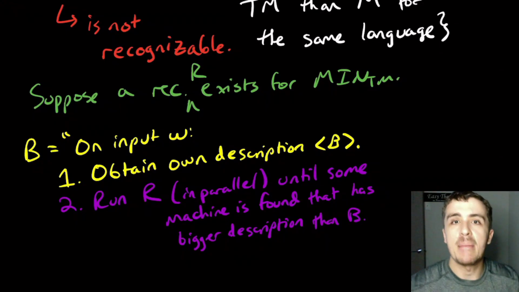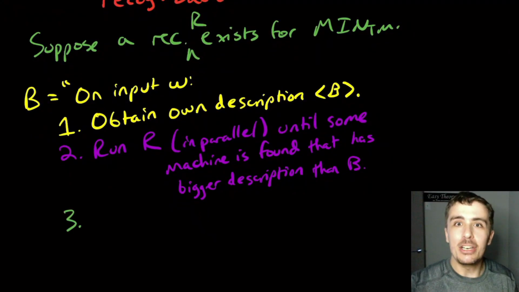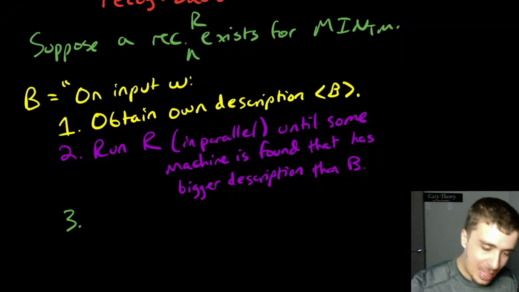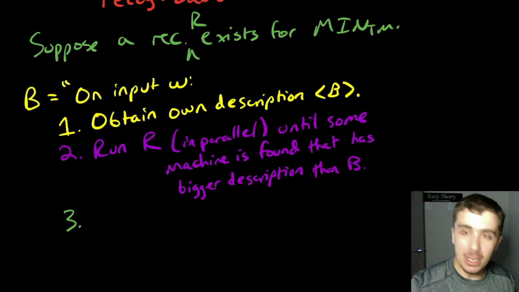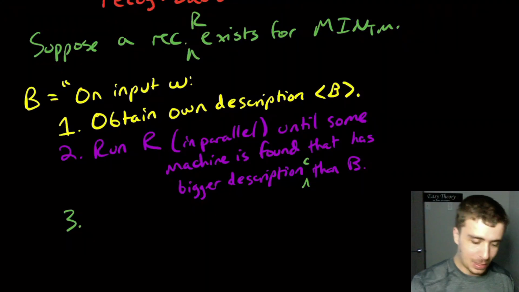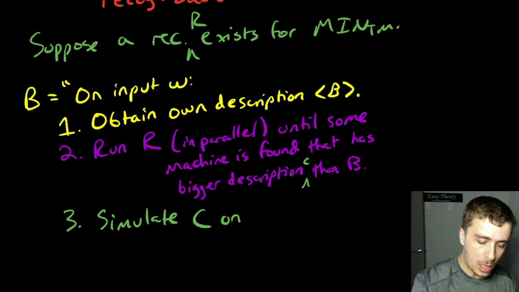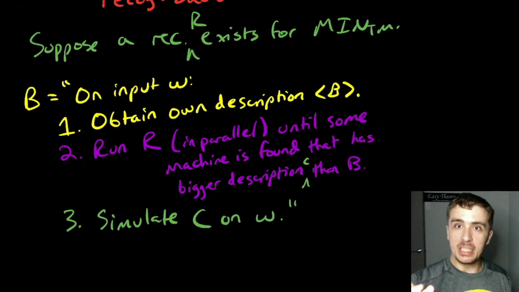There's infinitely many. And what we're going to do is output that. We're just going to simulate this machine that has bigger description, maybe let's call it C, and simulate C on W.